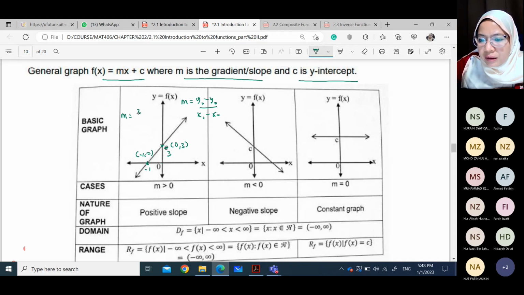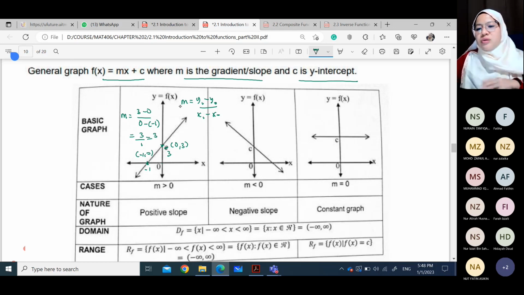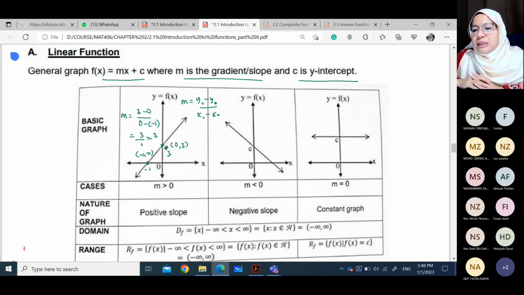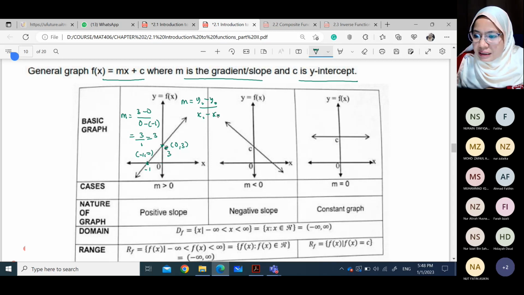Okay, so 3 minus 0. So, ini adalah Y1, minus with Y0, over X1 minus X0. 0 minus negative 1. So, kita punya slope adalah 3 over 1. So, the slope here is 3. Itu cara untuk kita mencari slope. Maknanya kita perlukan 2 titik untuk kita dapatkan kecerunan dia.